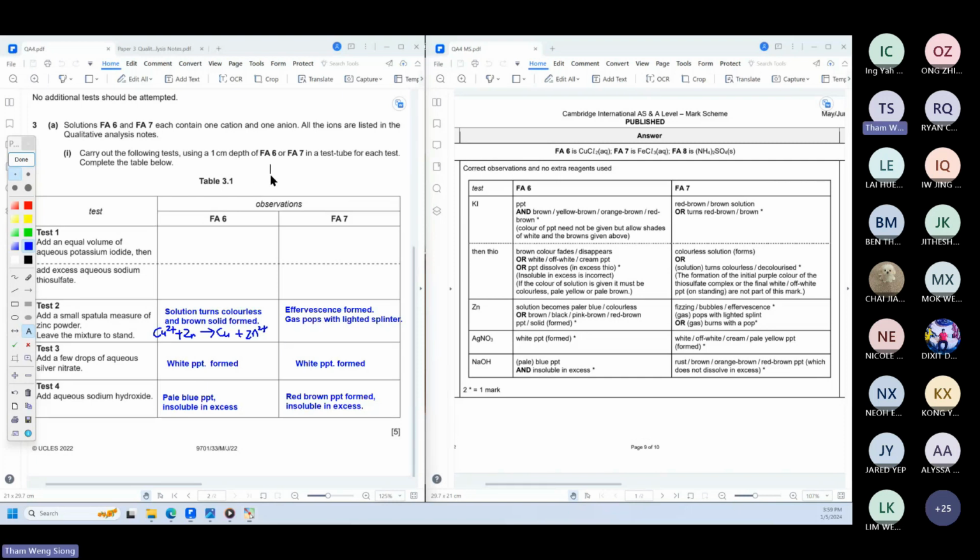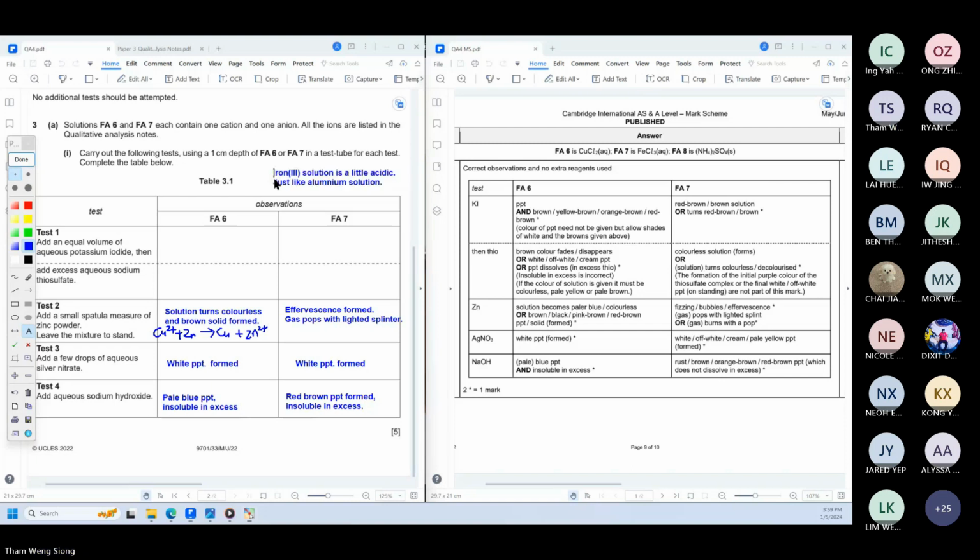Turns out that iron 3 ions solution is a little acidic, just like aluminium solution.